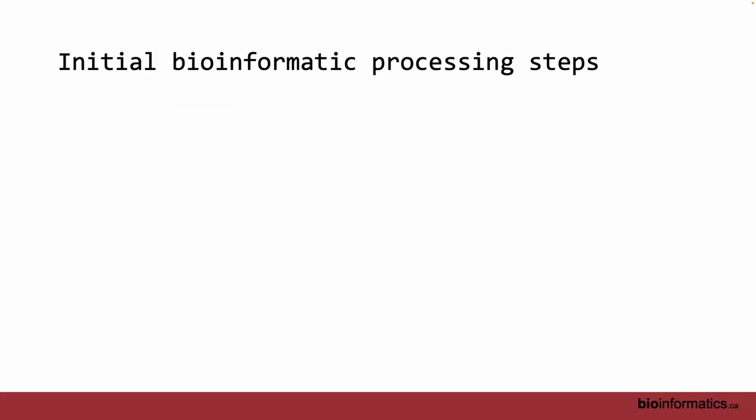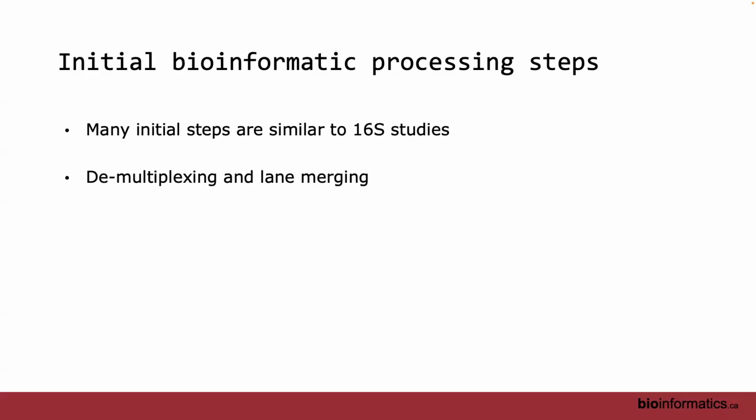Okay, so let's go right into the initial bioinformatic processing steps. Imagine we get our data from our sequencer. I'm not going to talk too much about sequencing here, but essentially, depending on the sequencing technology, often we multiplex samples on the sequencer, and then using that data, we have to demultiplex, meaning that we basically separate it back into the samples that it was barcoded with.